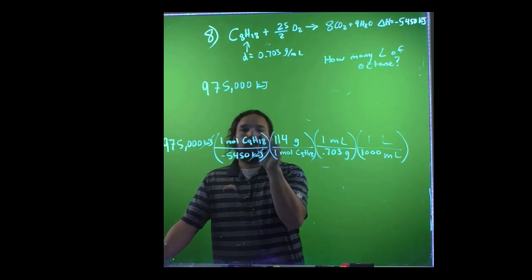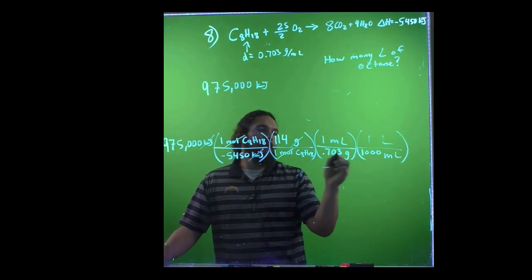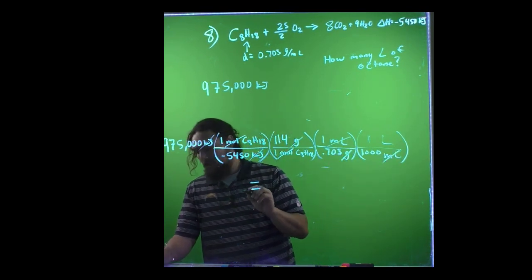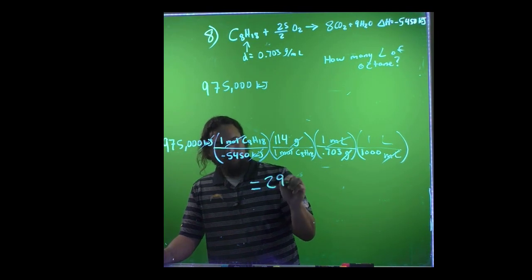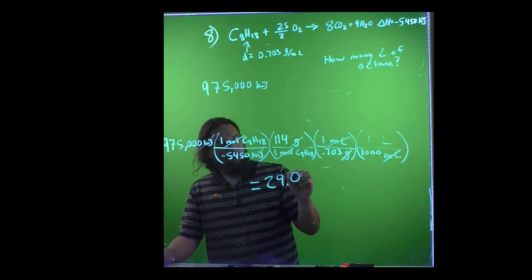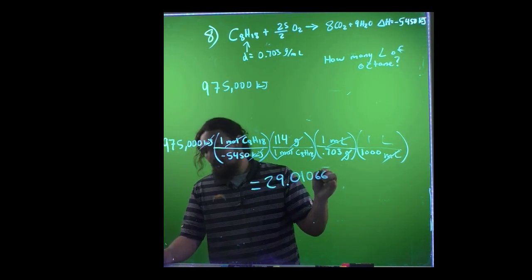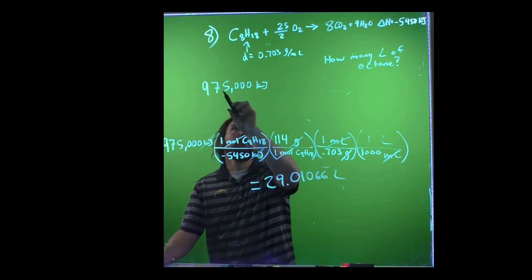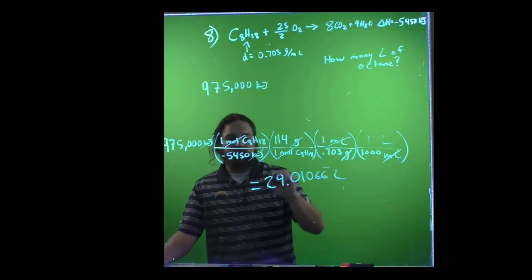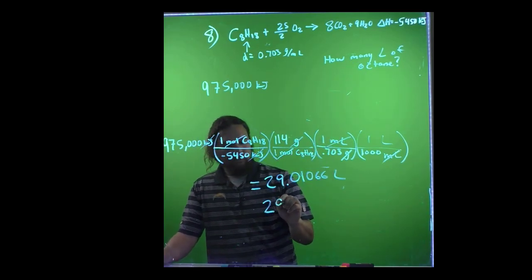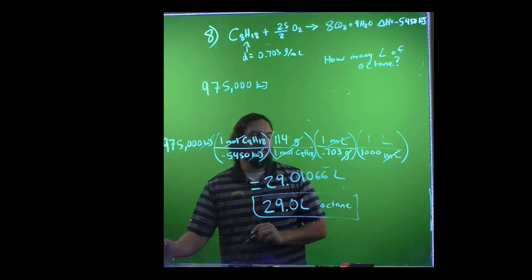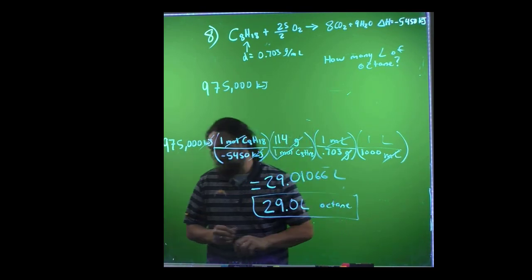And we can see that moles of octane cancel, grams cancel, mils cancel. That gives us a value of 29.01066 liters. Based on sig figs, this problem had 3 sig figs, 3 sig figs, 3 sig figs, so 29.0 liters of octane would be how much that Eskimo needed to burn to do that.